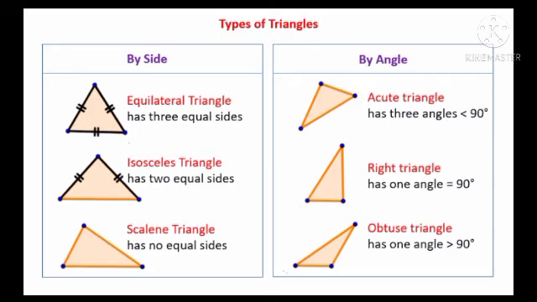If an angle of a triangle is an obtuse angle, that is between 90 degree and 180 degree, then it is called an obtuse angled triangle. Thus, based on angles of a triangle, we can classify triangles into three types: acute angled triangle, right angled triangle, and obtuse angled triangle.